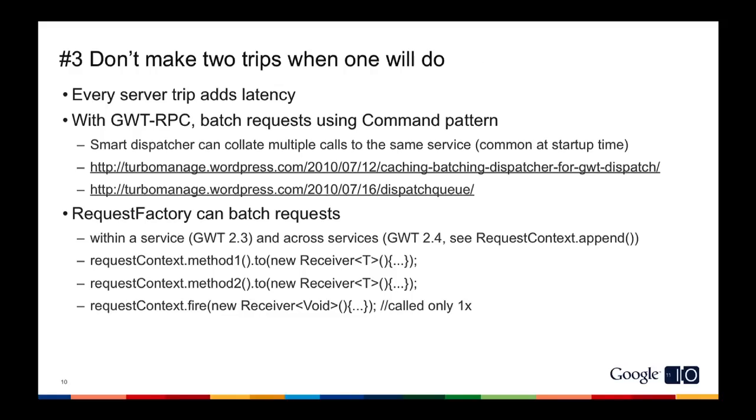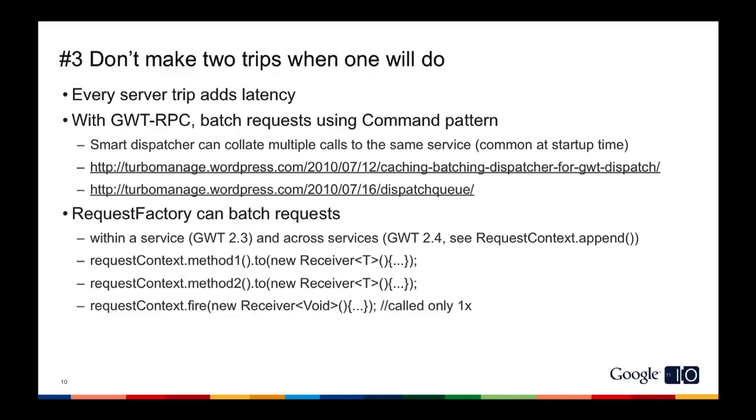Or you can now use Request Factory, which is our new RPC capability in GWT. And Request Factory has built-in batching support. So with GWT 2.3, you just call request context dot whatever your method is, and instead of calling fire immediately, you call the .to method, and then after all of those are accumulated, then you call .fire, and that just makes one trip to the server.